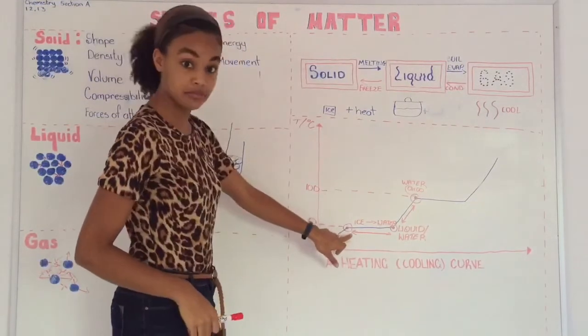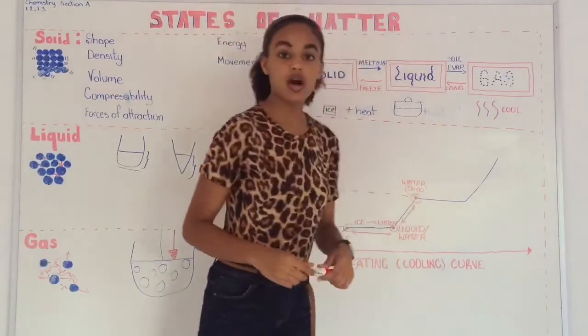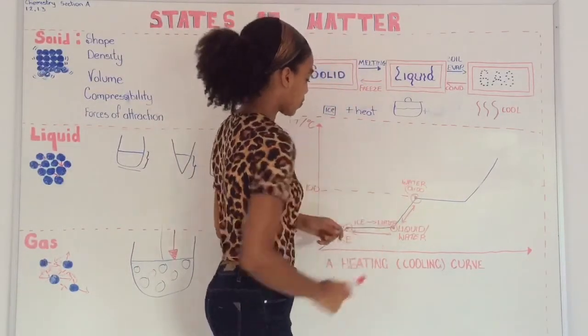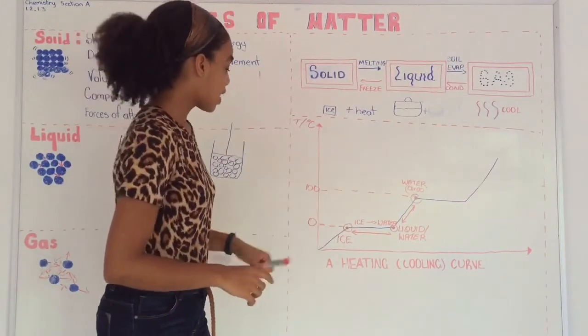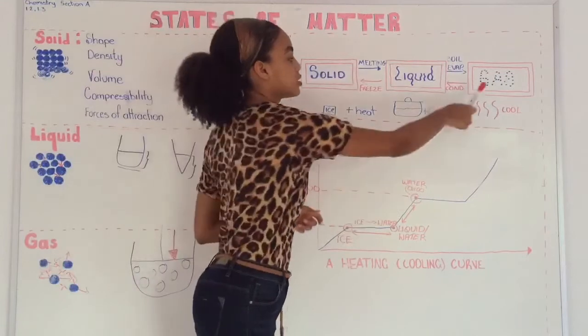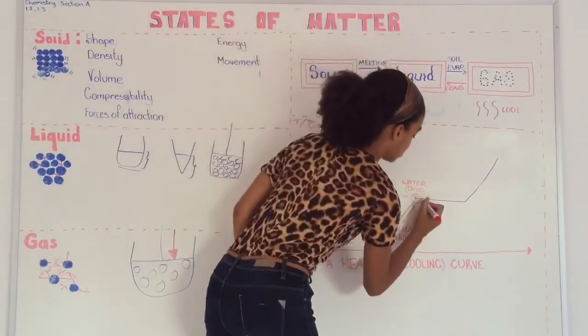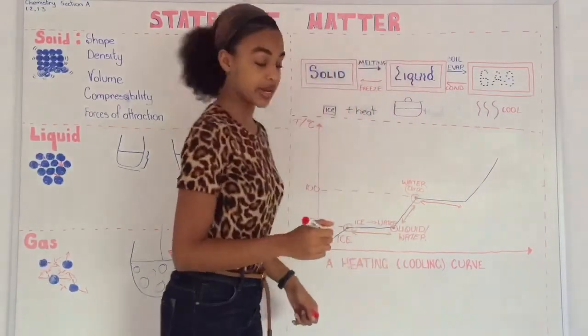So right here we have melting, I forgot to mention that. And right here we're going to have boiling. So the water has gained some energy and now it's ready to become a gas. So what happens at this other plateau, there is no change in temperature, it's still 100 degrees Celsius, right?